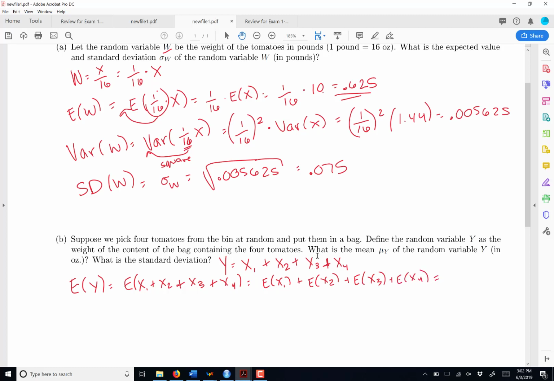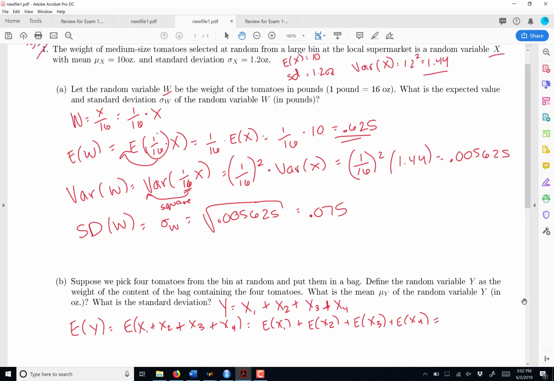So we just add up each of the expected values. So the expected value for each individual tomato is 10. So 10 plus 10 plus 10 plus 10 gives me 40.